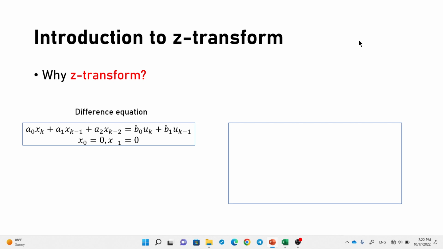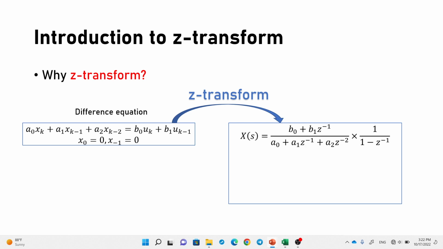Once you have such kind of equation, you can do the Z transform into a complex domain or Z domain, and it has the form of polynomials in numerator and denominator. So you have a rational function, and again z can be a complex number.